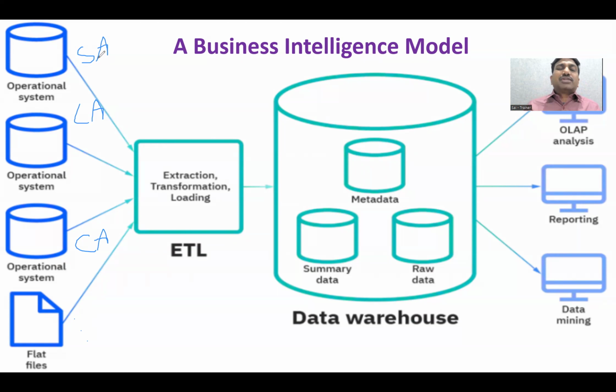The final result will be given to the data warehouse. And from this data warehouse, the godown, we are going to give it for reporting, analytics, data science, and so on. Remember.